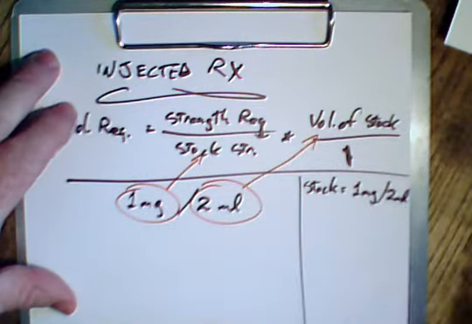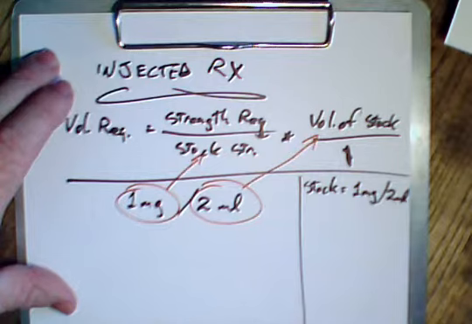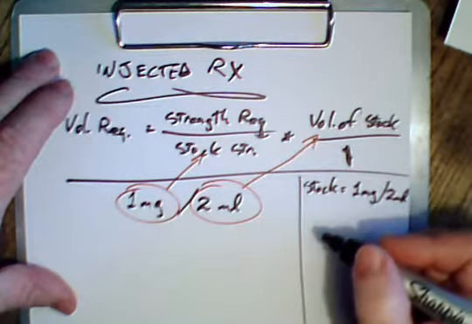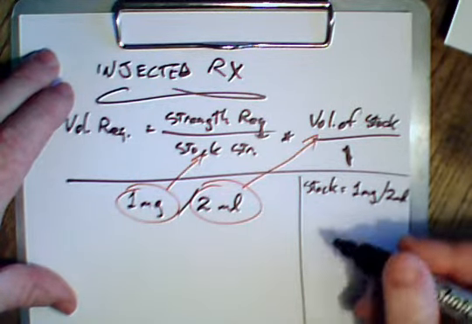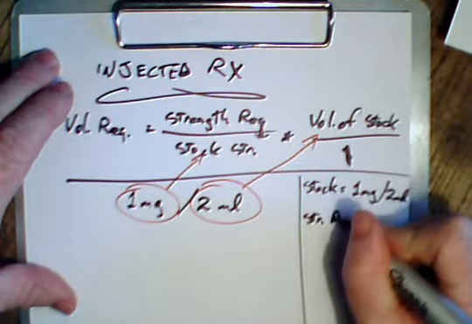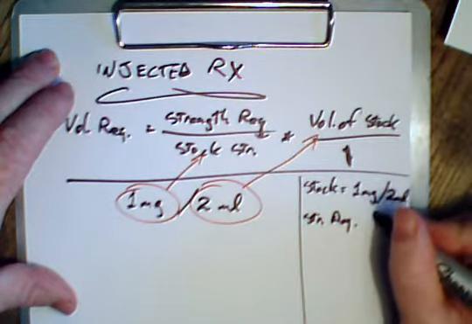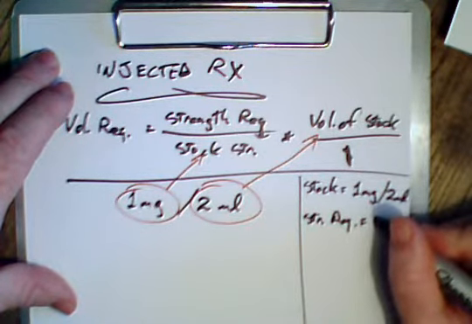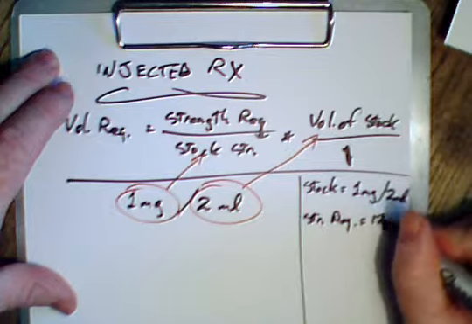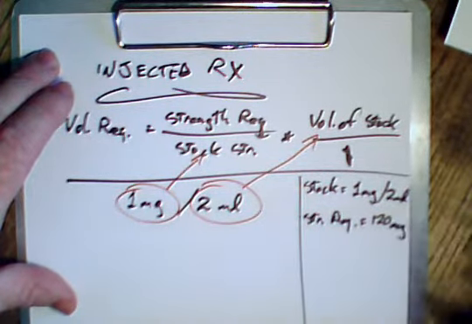Okay. Now, we are told what is required. Let's say in this event, and I'm using an example given to me, that the strength required equals 120 micrograms.